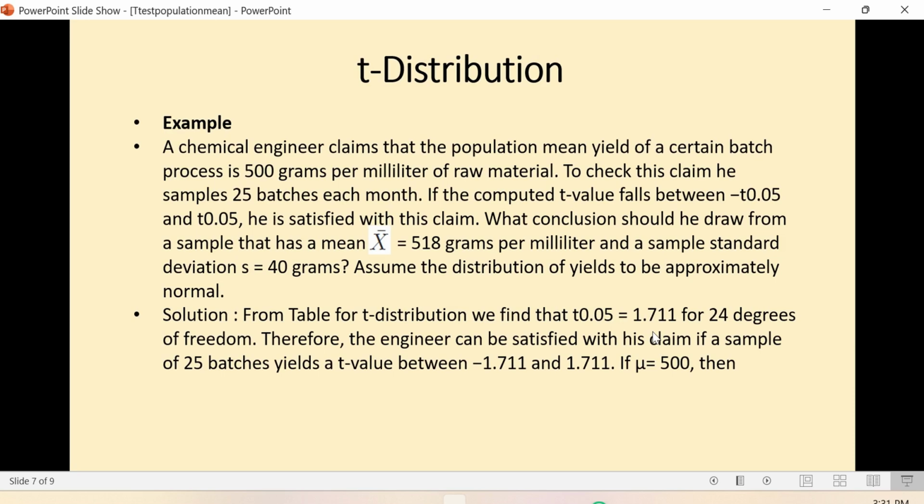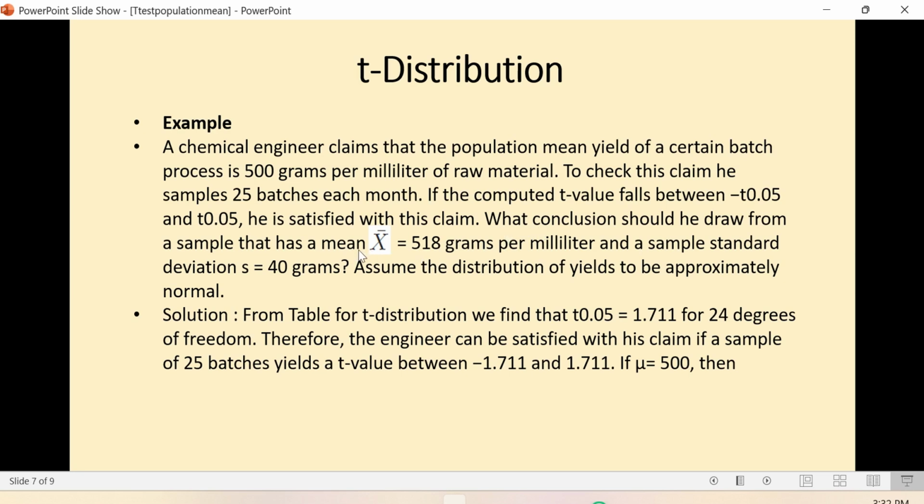So next we look at an example. A chemical engineer claims that the population mean yield of a certain batch process is 500 grams per milliliter of raw material. To check this claim, we take 25 samples, and if the computed t-value falls between minus t 0.05 and t 0.05, then he is satisfied with this claim.